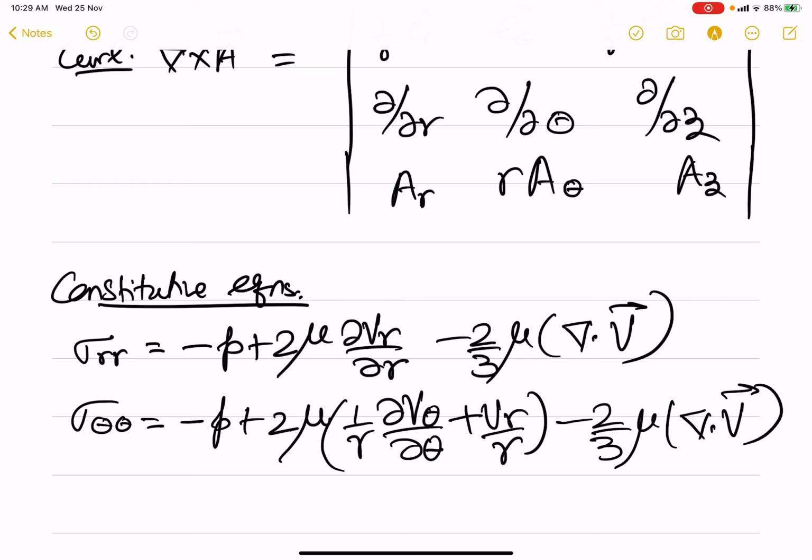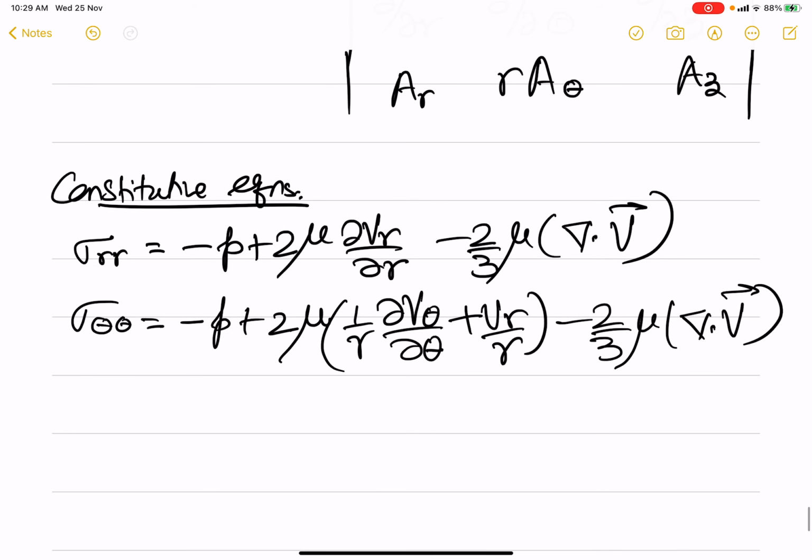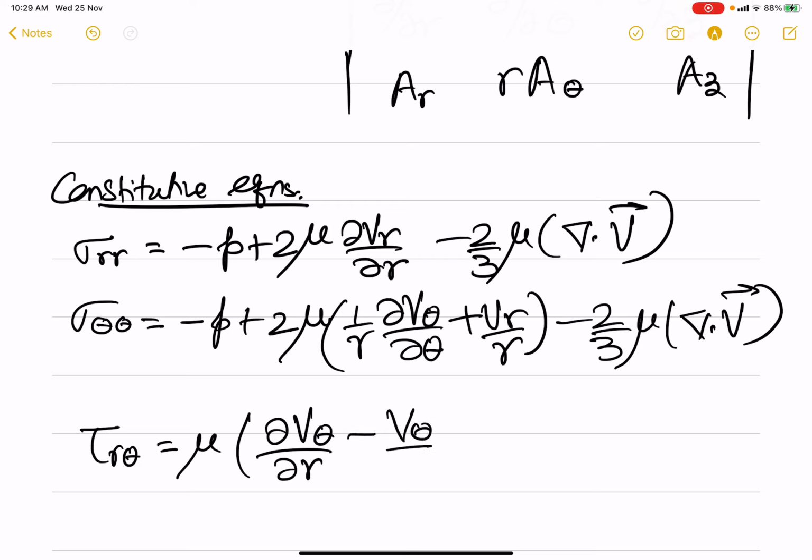So there are these extra things involving Vr and r which come about. Similarly, when I write the expression for tau r theta, this will be equal to mu times partial V theta by partial r minus V theta by r plus 1 over r partial Vr by partial theta.